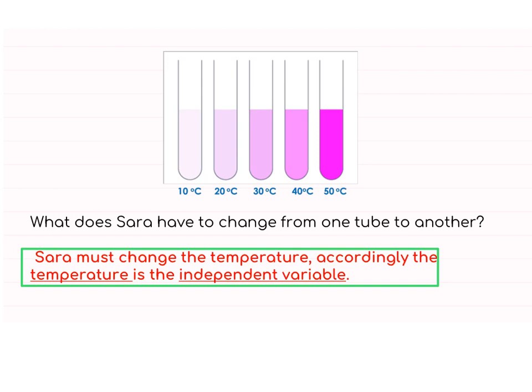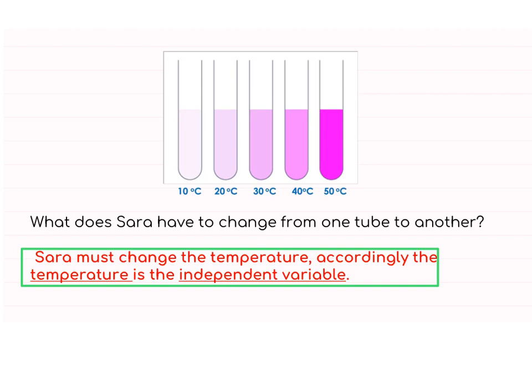You have to notice that Sarah is changing the temperature between the given test tubes. The first test tube was set at 10 degrees Celsius, while the second one at 20 degrees Celsius. The third one was set at 30 degrees Celsius. The fourth one was set at 40 degrees Celsius. And the fifth one was set at 50 degrees Celsius.